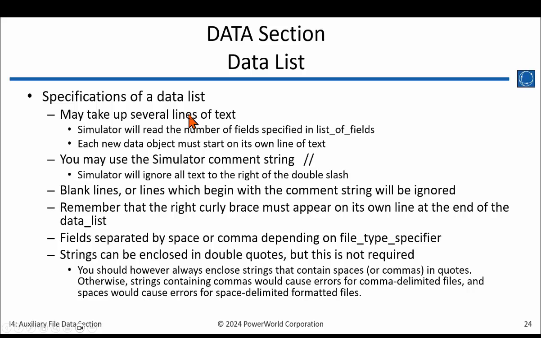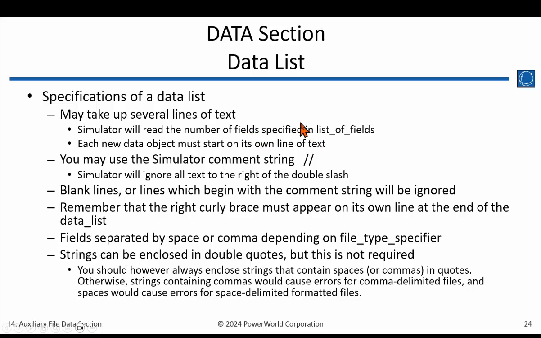You could have a carriage return to make it easier to read, although you can certainly do that in a text editor with word wrap as well. But if it does span another line, Simulator's just going to read the data in as it corresponds to the list of fields.